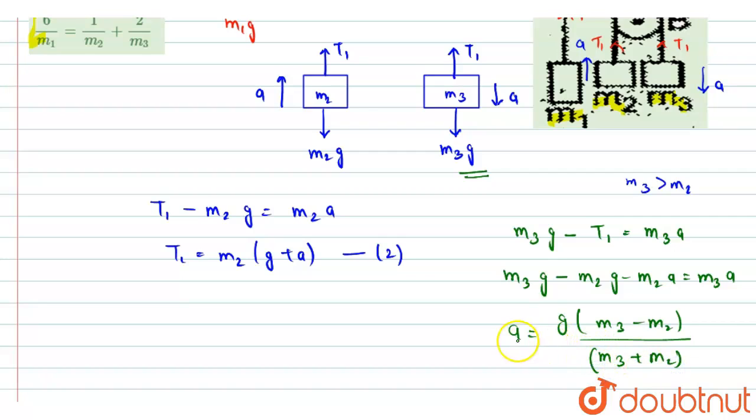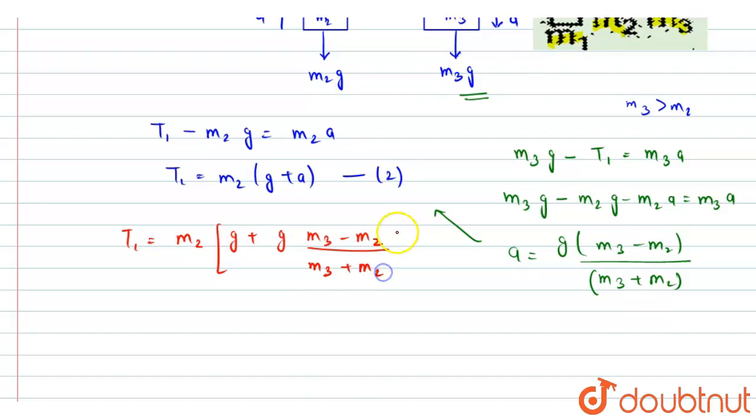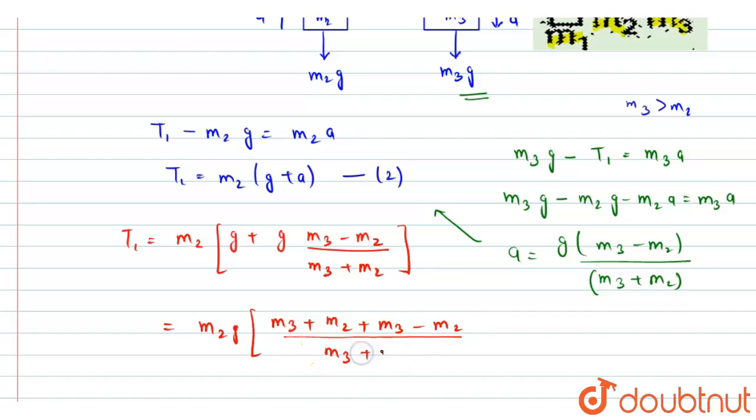Now putting this value of acceleration in equation 2, we will get T1 equals m2 times g plus g times m3 minus m2 divided by m3 plus m2. We can take g common and take the LCM here, so we will get m3 plus m2 plus m3 minus m2 whole divided by m3 plus m2.